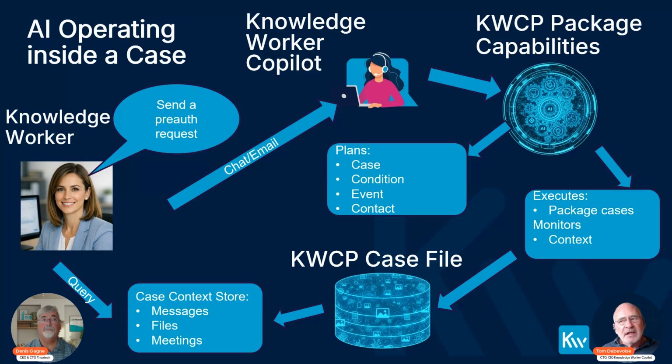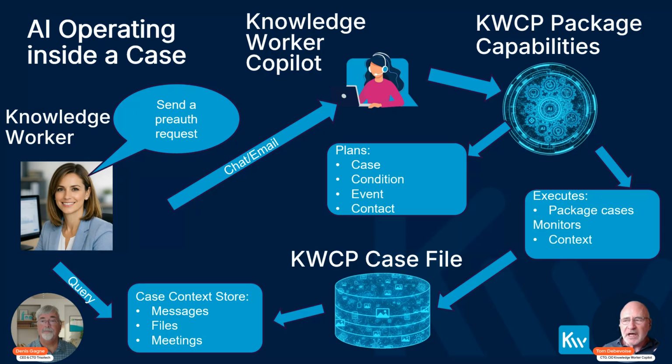And so at that point, the text is handed by a process to the knowledge worker copilot that creates a plan for accomplishing the requested objective, verify the pre-authorization capabilities of that borrower.